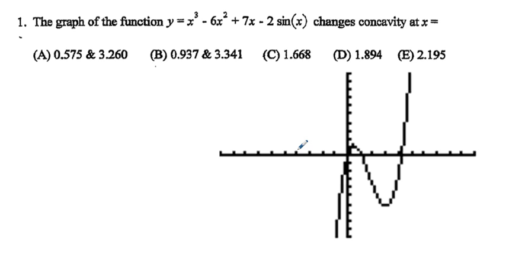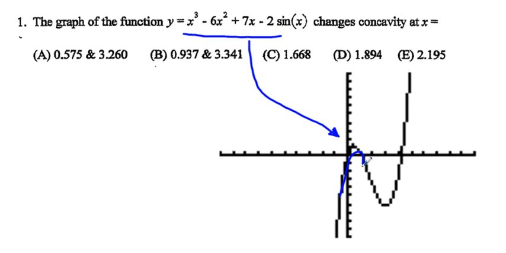If we graph this function in our calculator, this is what we see. This is the function graph, the original function. From negative infinity to some point around here, we have a concave down situation.